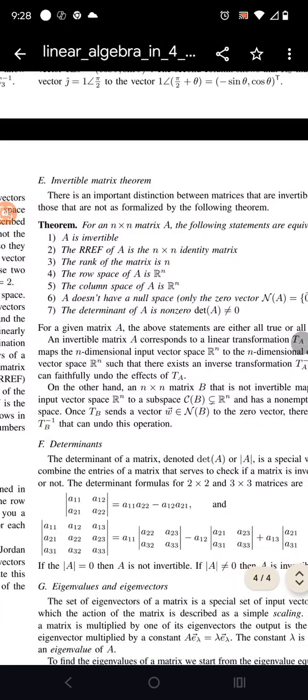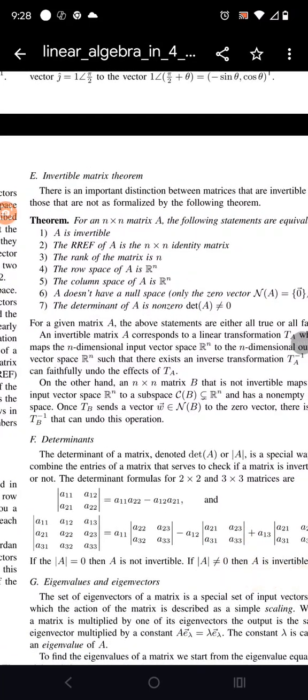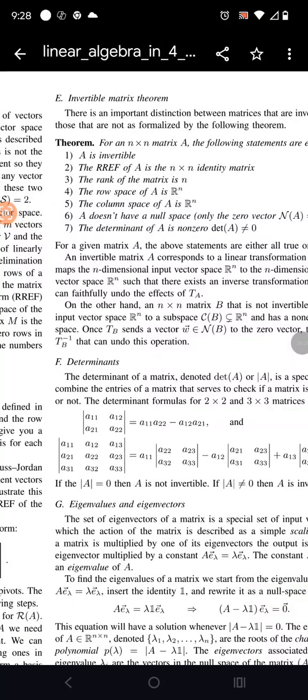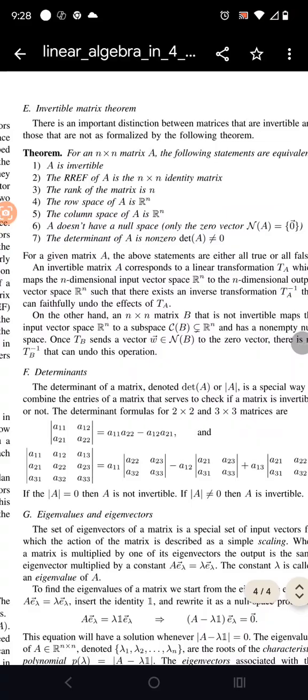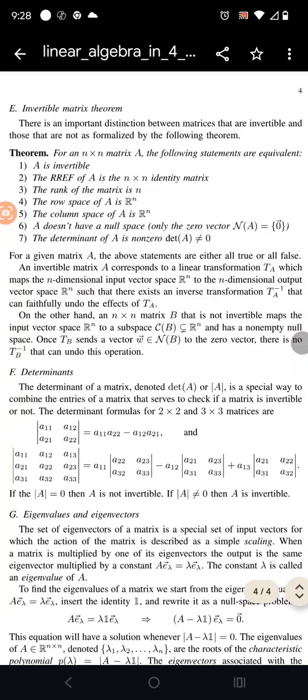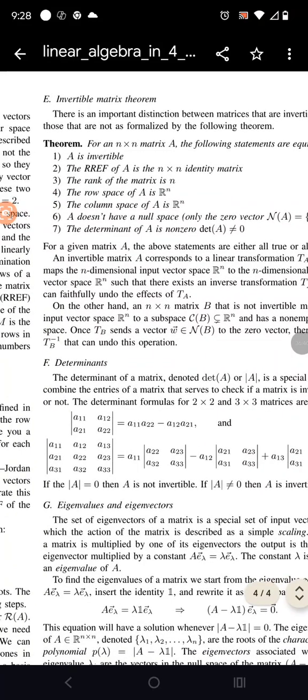Okay, now let's take a look at the definition of determinants. So it is basically a value multiplied by the determinant of all the other values which are not in that column or that row.